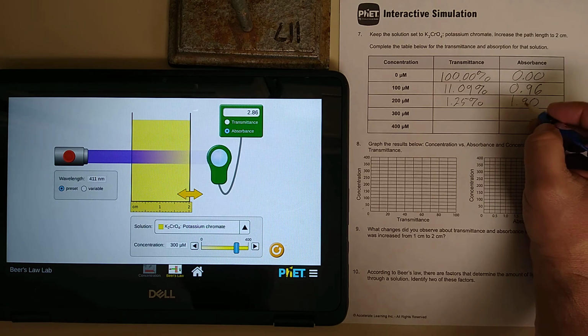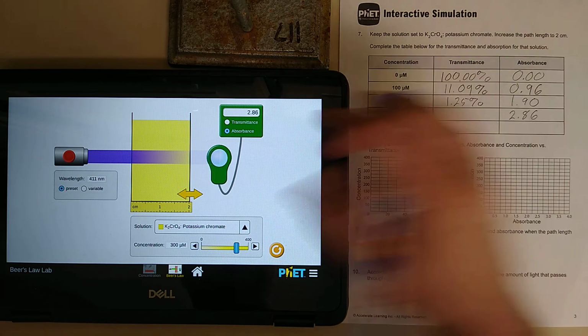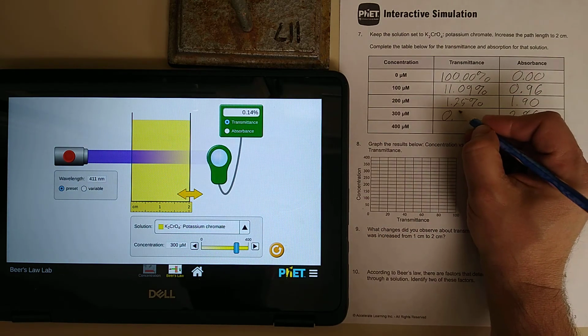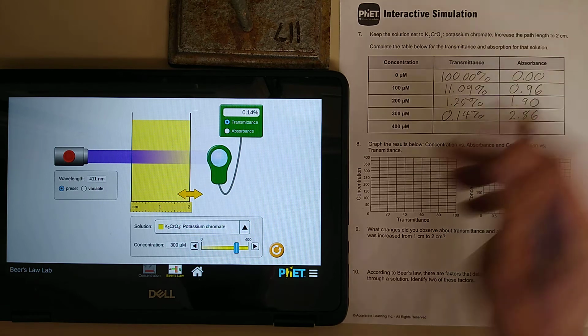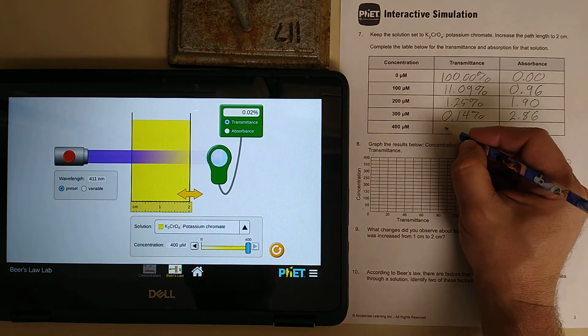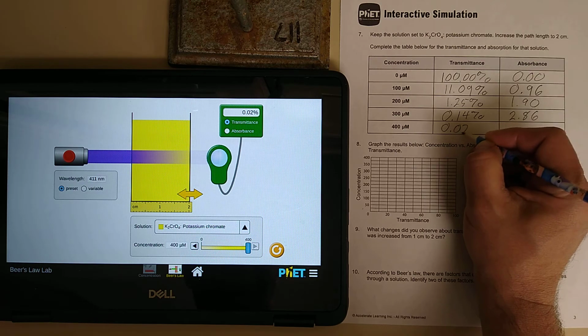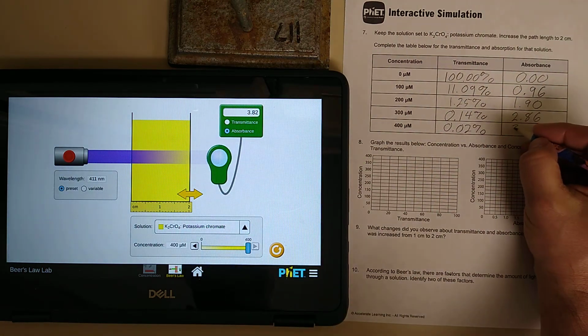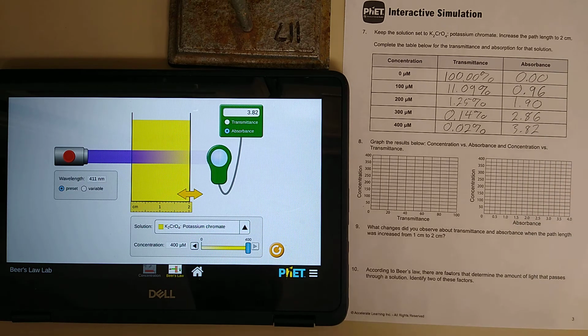Concentration of 300 gets us an absorbance of 2.86 and a transmittance of 0.14%. And then full concentration of 400, 0.02% transmittance and absorbance of 3.82.